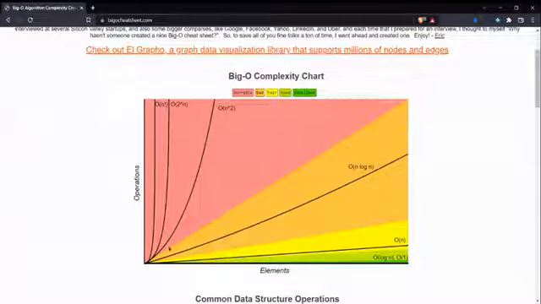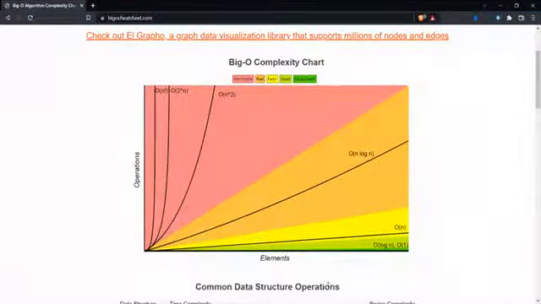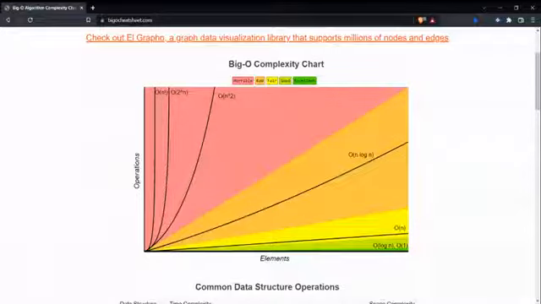So n factorial's graph is always the worst. The elements are on the x-axis and the operations are on the y-axis. We will also look into how to understand complexity with respect to the graph, and why we are emphasizing this, in today's class only.